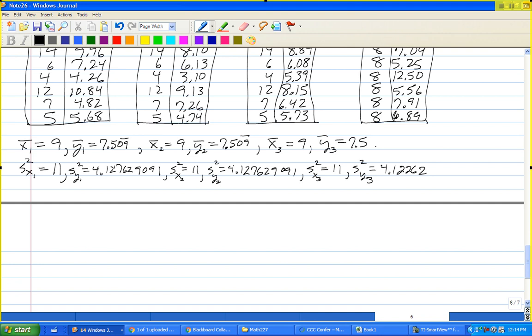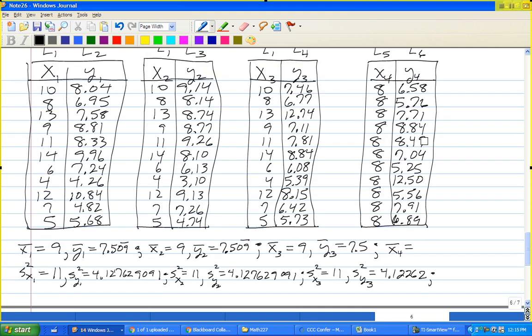And lastly, those are the threes, now the fours. Okay, so the mean, well, I know what that is, that's 8. There's a typo. It was a typo.